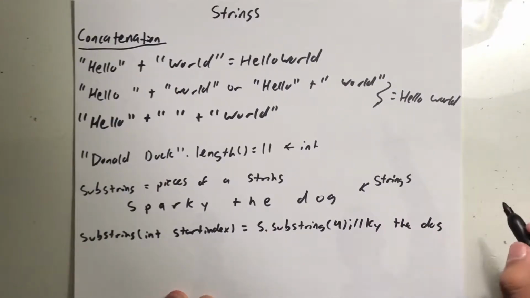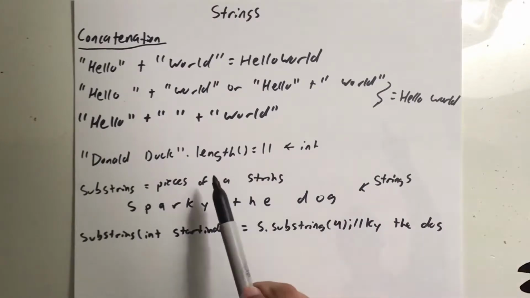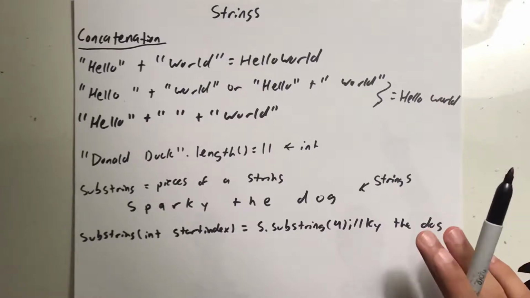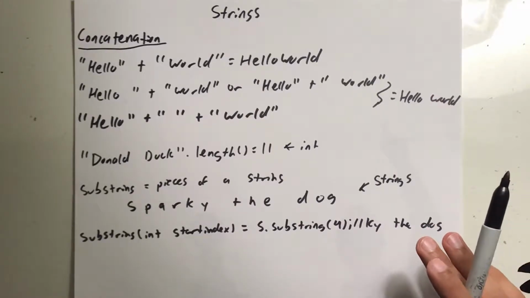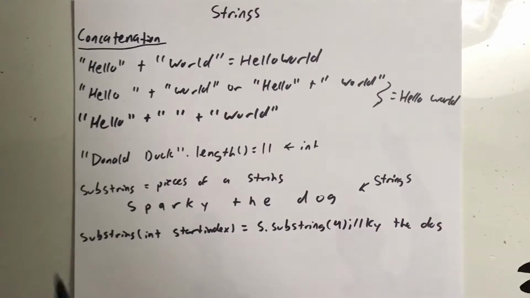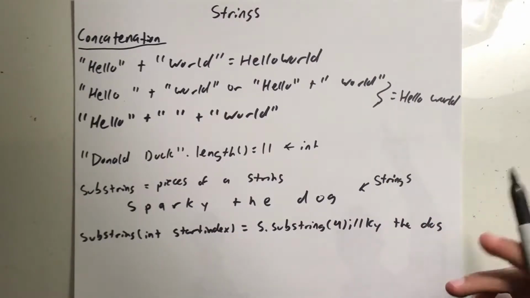How do we get "ky the dog"? Well, indexes start at 0. For strings, basically anything in computer science, everything starts at 0. Obviously, if you're using the .length method, which counts the total amount of characters, you're not going to start at 0. But most of the time, if you want to count the index of something, like the position of a certain character or element, it's going to start at 0.